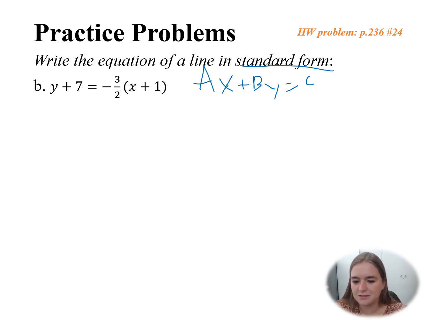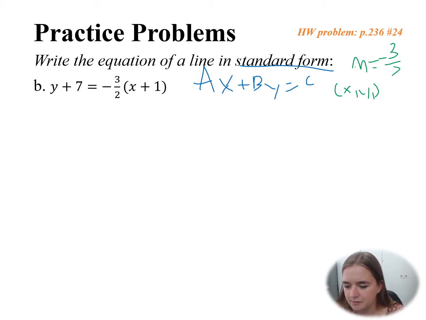In point-slope form, I can pull out my point and my slope. Looking at this, I see that my slope is that m value of negative 3/2, and for the ordered pair I'm given, I have y minus y1 equals m times x minus x1.